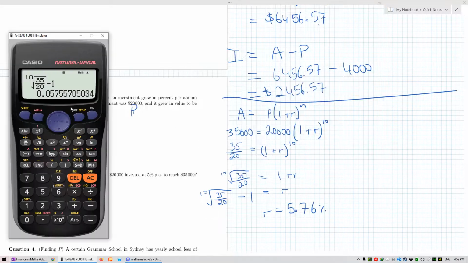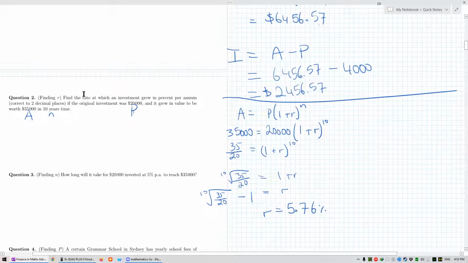Now that's a decimal. So if you want to convert it into a percentage, and you generally should give R as a percentage, you can multiply this by 100. If you can't do it mentally, that's fine. Just multiply by 100. You multiply a decimal by 100, you get a percentage. Okay, so 5.76%. It doesn't say round off to anything, but I'm going to round it off to 2 because why not? All right, so that's how you do R.